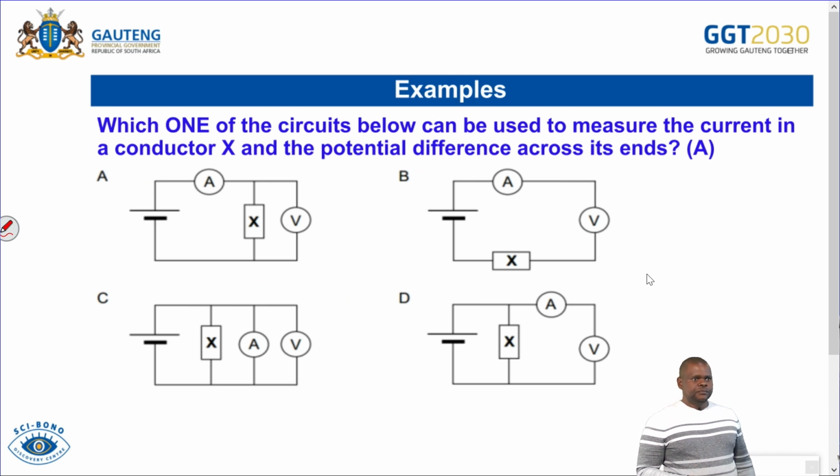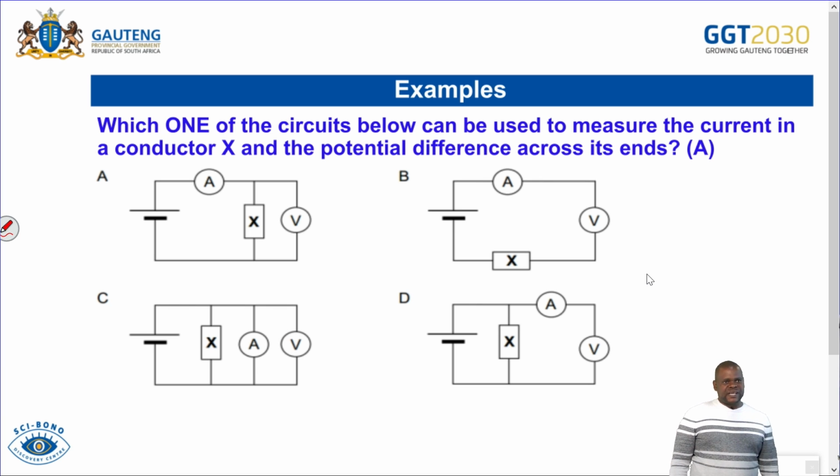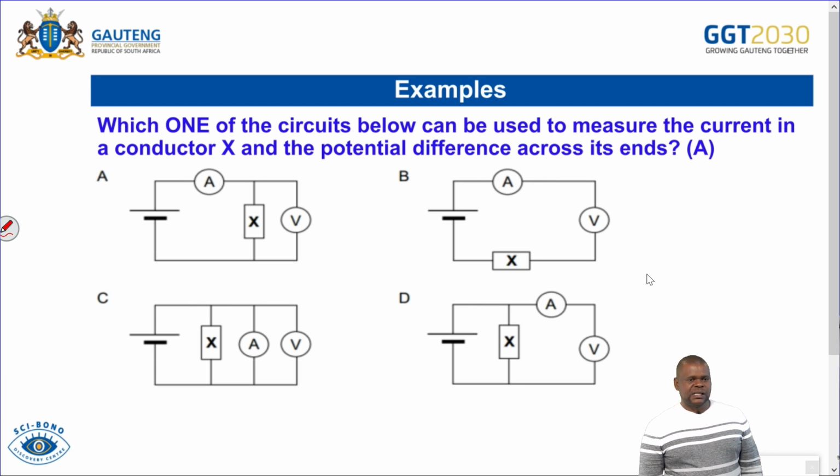Okay? Now, let's look at our first example. Our first example is a multiple choice question. It says, which one of the circuits below can be used to measure the current in a conductor X and the potential difference across its ends.